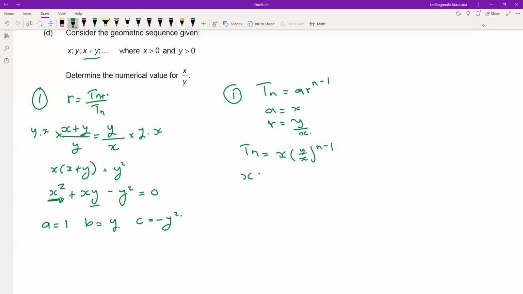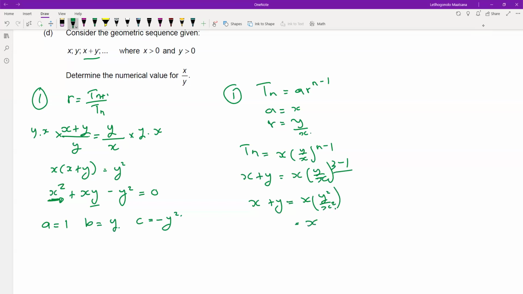So we will have x plus y is equal to x times y over x to the 3 minus 1. Then that would give us x plus y is equal to x y squared over x squared.